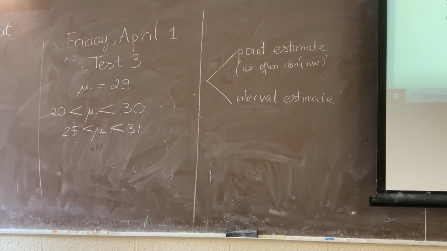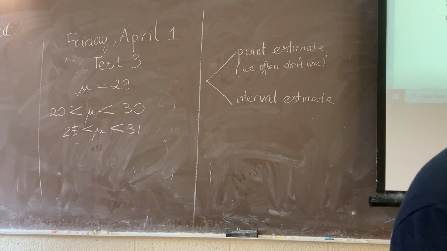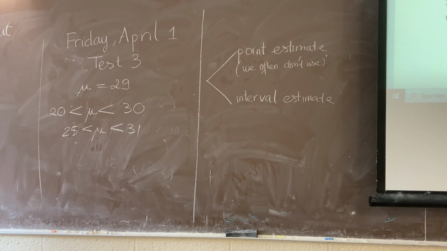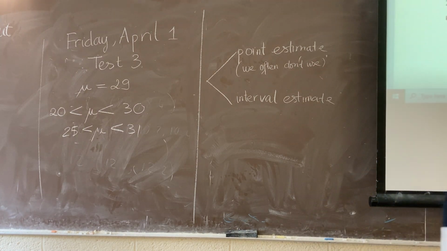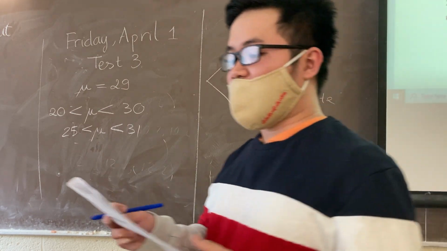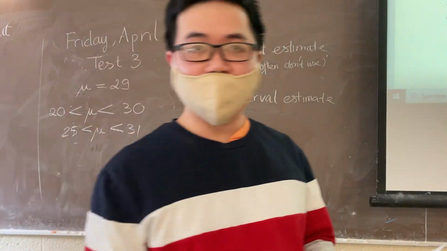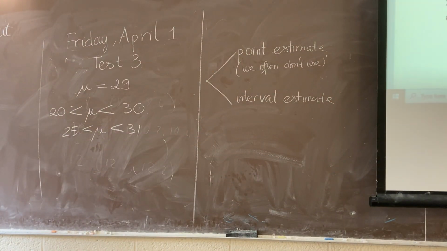Yeah, exactly, interval, because it's from this number to that number. So this is the confidence interval. Thank you, Mackenzie. And the second one, is this the confidence interval or confidence level? The number here is 95%. Delaney? Confidence level? Yeah, exactly. Thank you.